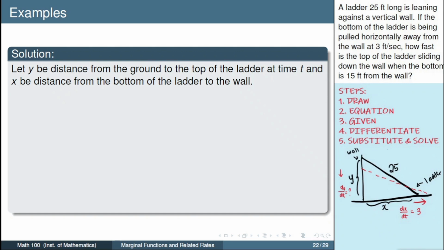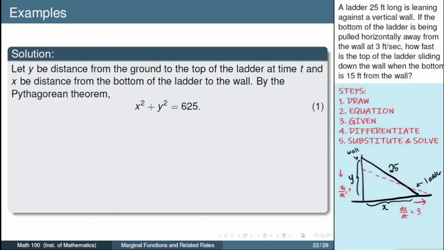Specifically, this is a right triangle, so we can relate the sides using the Pythagorean theorem. Okay. So we have here x squared plus y squared equal the square of the hypotenuse, that's just 25 squared, which is 625. Okay, so this will be the equation that we are going to work on.